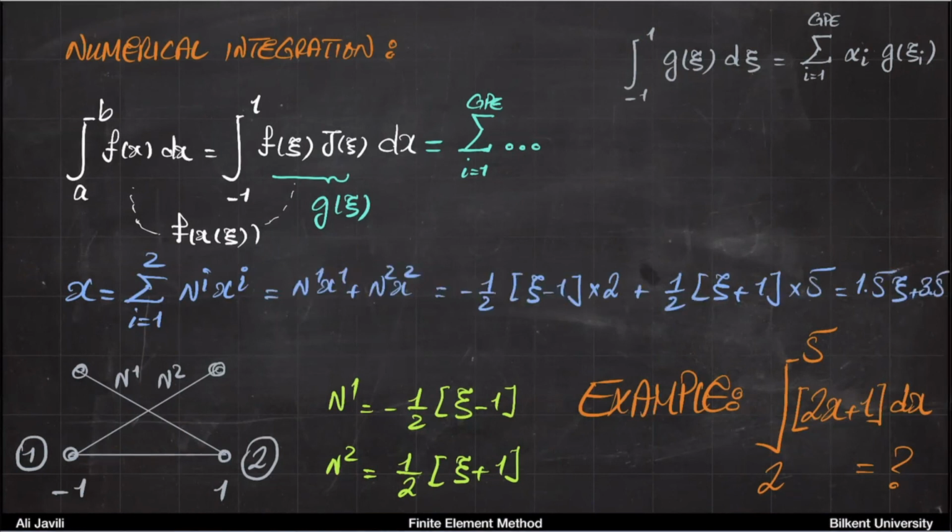Which makes a lot of sense if you just think about the two domains. So think about it this way. You have this domain which goes from -1 to 1, and let's say you have that domain that goes from 2 to 5. So this is your x domain, this is your c domain.